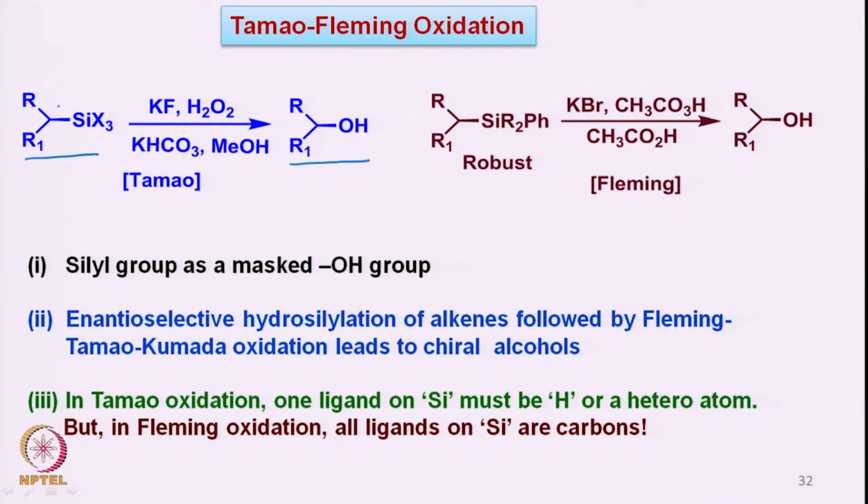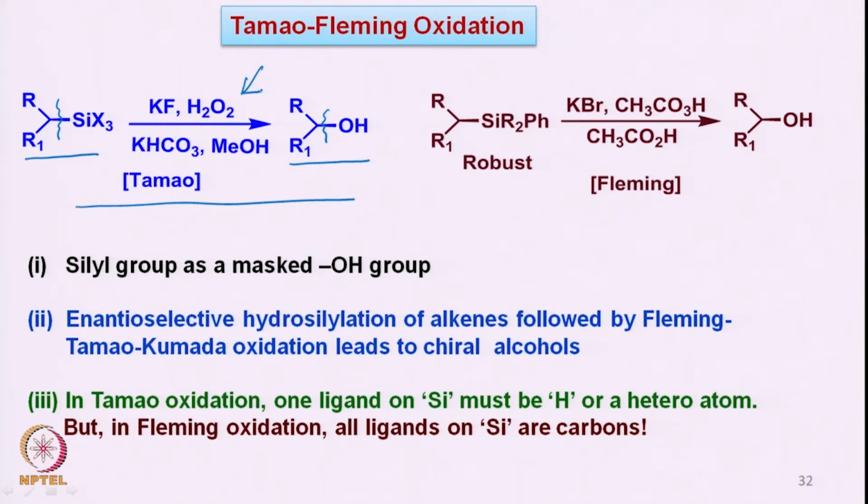That means this bond here is basically converted to the corresponding oxygen. This was introduced by Tamao, where he used slightly different types of silicon based substrates and slightly different conditions, as one can see here with potassium fluoride, hydrogen peroxide, potassium bicarbonate in methanol.